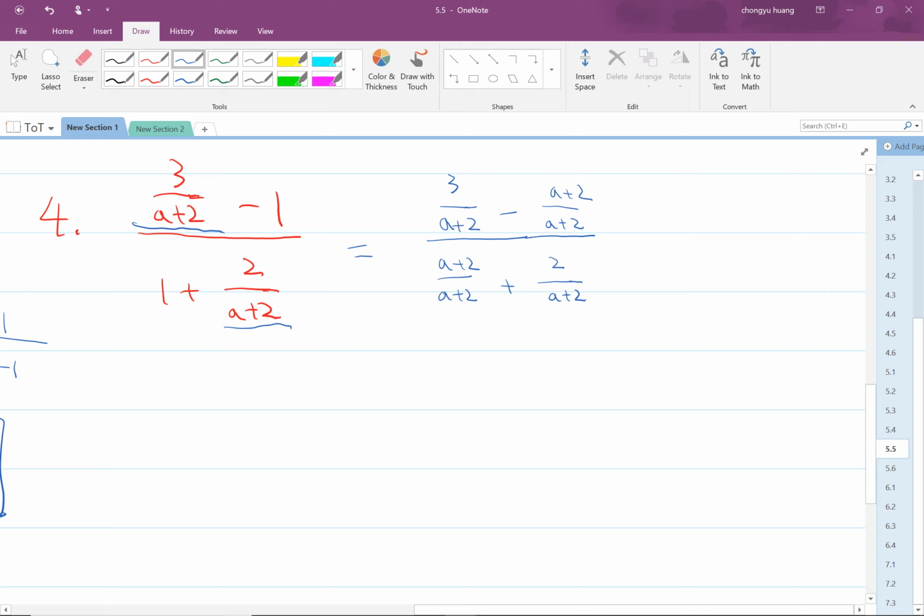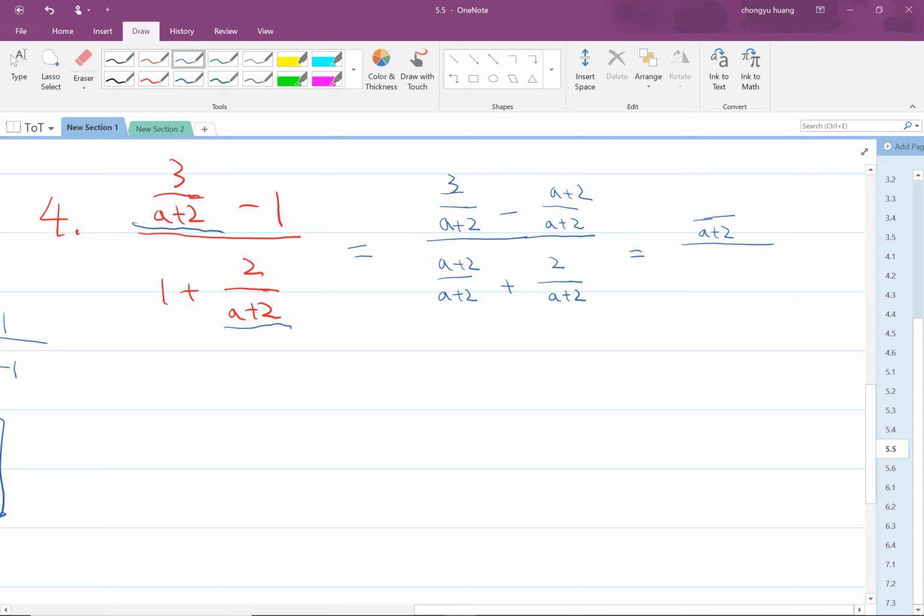We must have the same denominator in order to do any subtraction and any addition, right? So now we are ready to combine those terms, right?